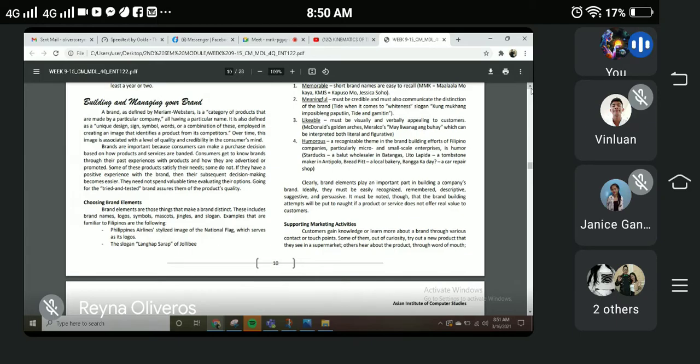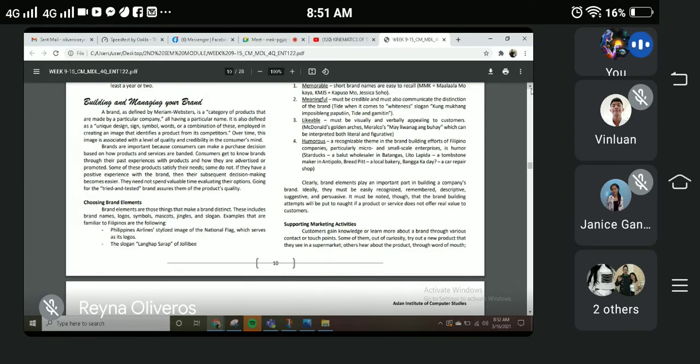Halimbawa, Puma, ano pa ba, Nike, 'di ba? Ano pa ba? Skechers, 'di ba? So, yun yung mga particular name or particular brand ng isang sapatos. Okay? And it is also defined as a unique design, logo, symbol, words, or a combination of all of this.